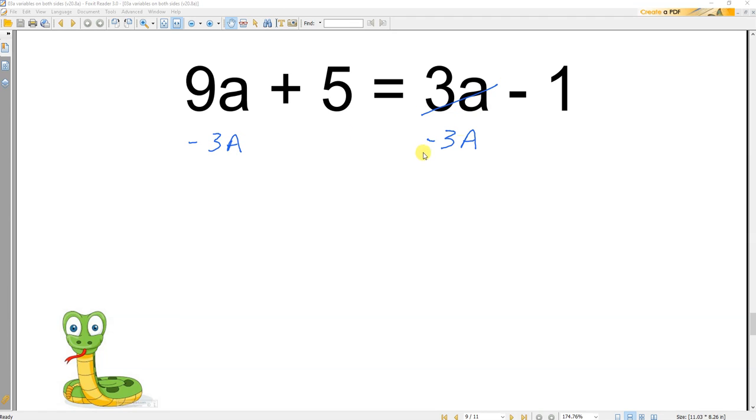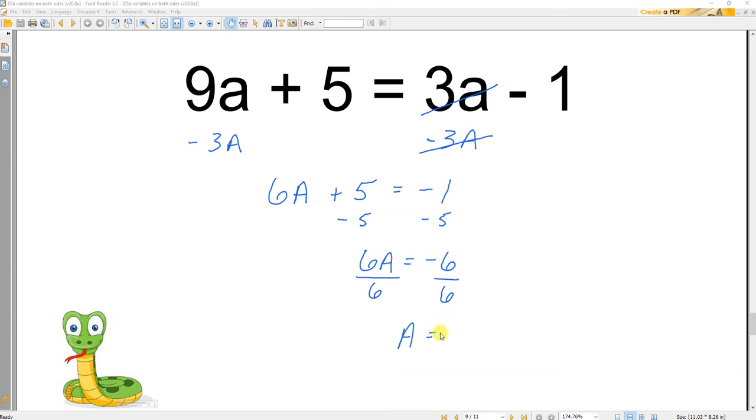These are gone, and I'm left with 6a plus 5 equals negative 1. This is a two-step equation. Subtracting 5, 6a equals negative 6. Dividing by 6, a equals negative 1.